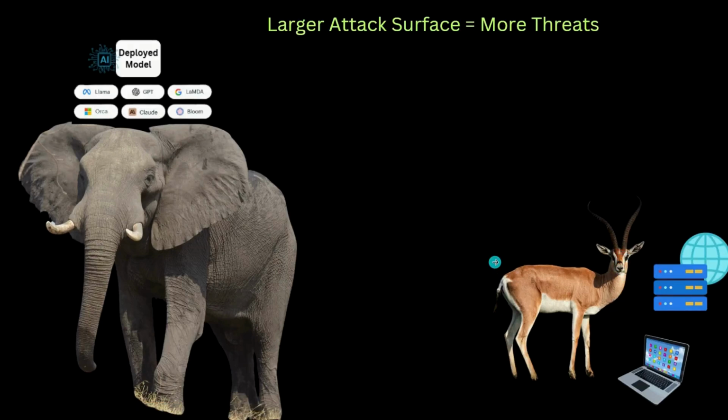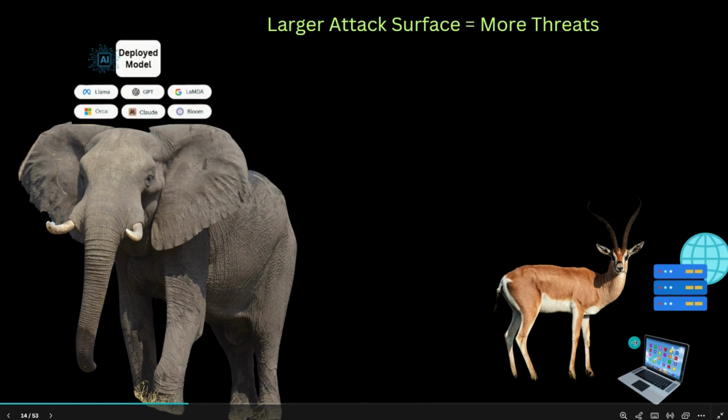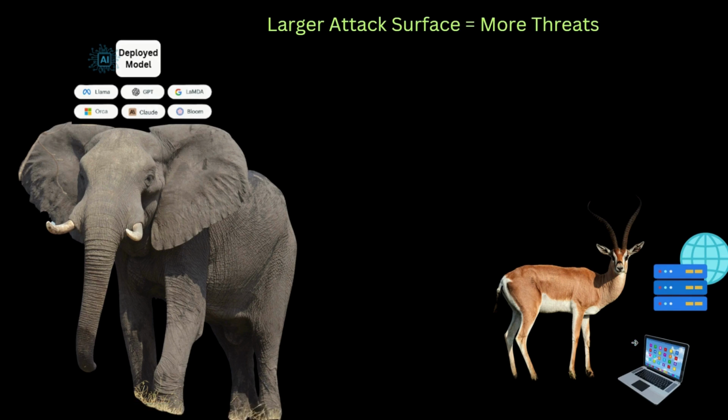Then to wrap things up, I would like to say that the bigger the attack surface, the bigger the risk. A large attack surface gives attackers more opportunities to find vulnerabilities and exploit them. A smaller attack surface is harder to breach because there are fewer weak points, and LLMs have a massive attack surface because of their complex architecture, numerous integrations, and exposure to public-facing APIs.